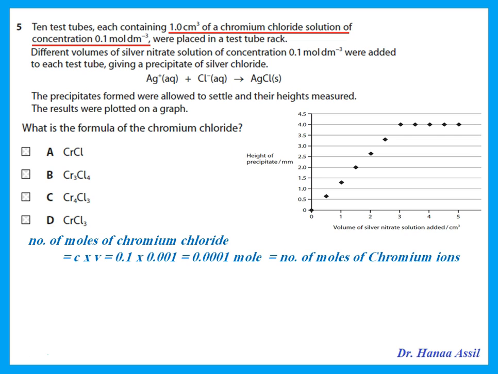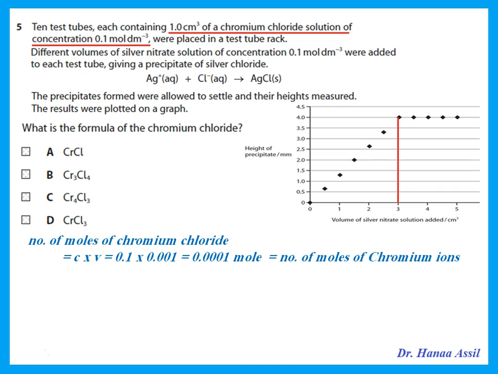How do we get the number of moles of chloride? Well, we look at the volume of silver nitrate needed. We find that the maximum volume of silver nitrate that gave precipitates is 3 cm³. So that would be the volume, in order to get the number of moles of silver chloride, times the concentration that he gives me up there, 0.1.